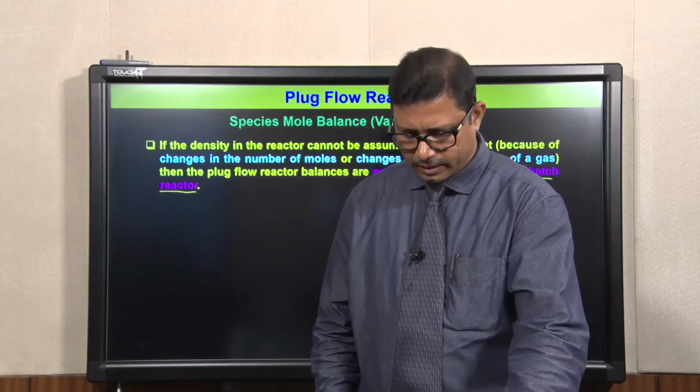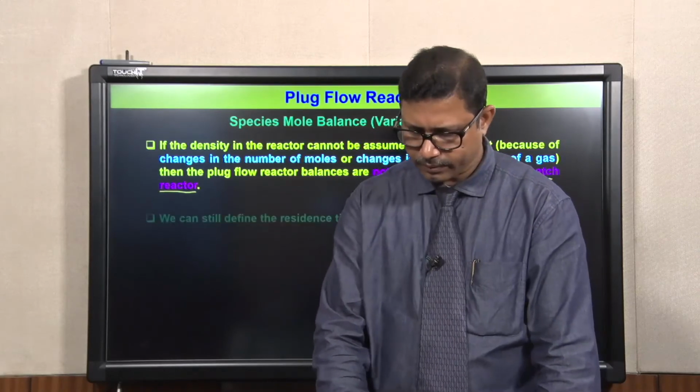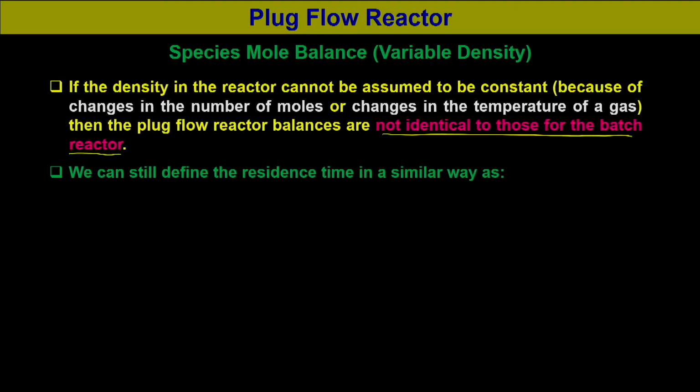But in this case, still we can define the residence time in a similar way, like we can write tau is equal to V by V x naught, where V x naught here is the axial velocity at the inlet.